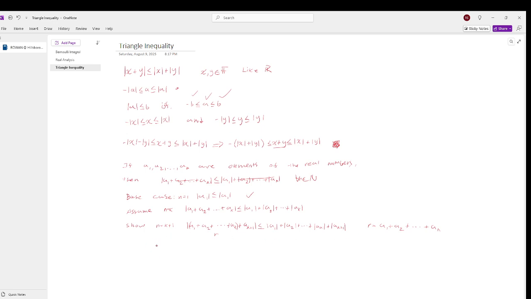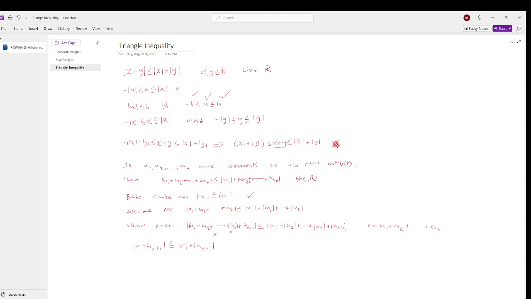Now I'm going to use the triangle inequality, which we proved earlier in the video, to show that the absolute value of r plus a sub k plus 1 is less than or equal to, by the triangle inequality, the absolute value of r plus the absolute value of a sub k plus 1. Remember that r equals this over here.